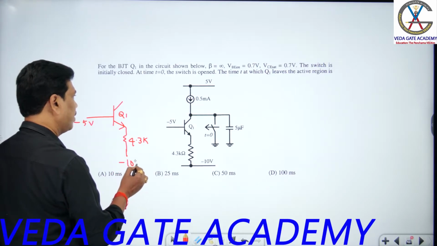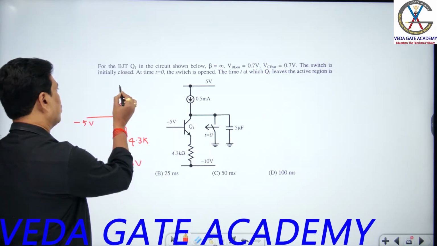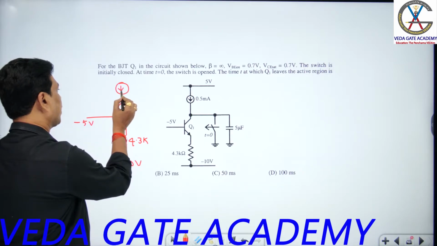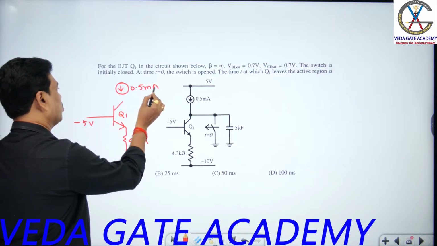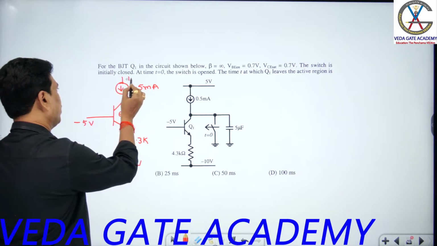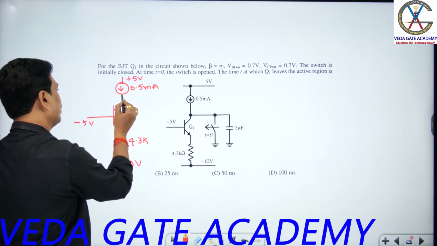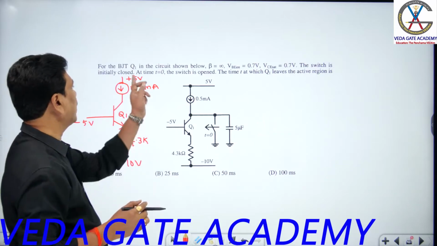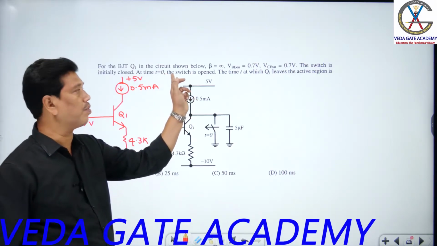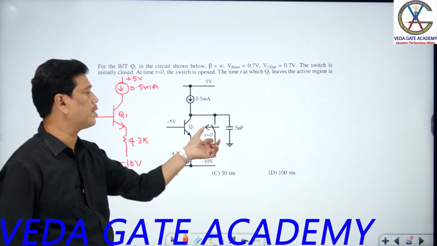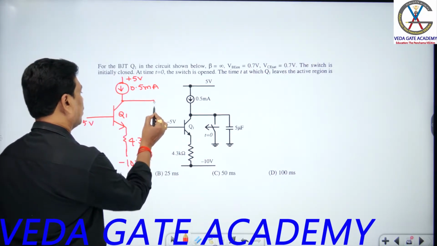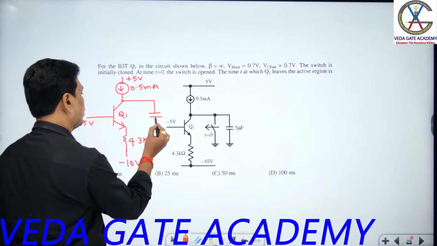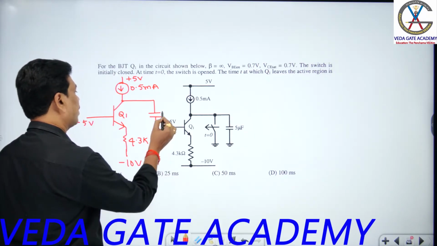The current supply in the collector region is 0.5 milliampere, with a supply of plus 5 volt. This is the collector node. Initially the switch is closed. Now consider the circuit at t equal to 0 seconds, when the switch is open. This is the 5 microfarad capacitor.